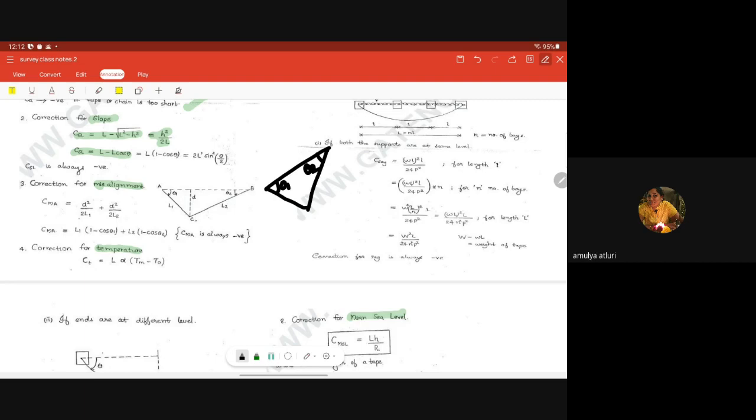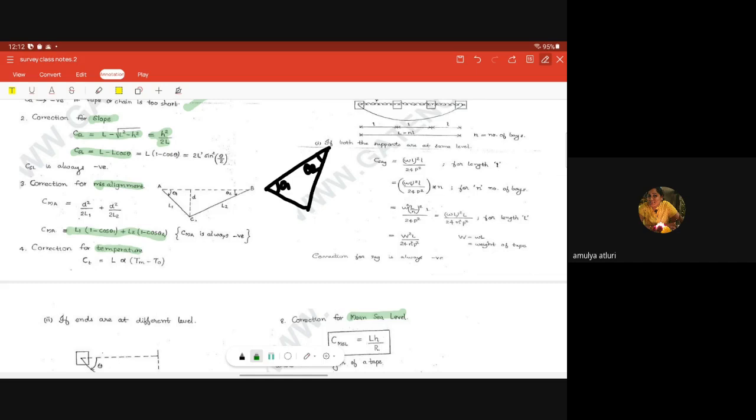So that correction for misalignment, CMA is equal to d square by 2 into L1 plus d square by 2 into L2. Got it? And if my d is not given, and if thetas are there, then I can do it like CMA is equal to L1 into 1 minus cos theta 1 plus L2 into 1 minus cos theta 2.